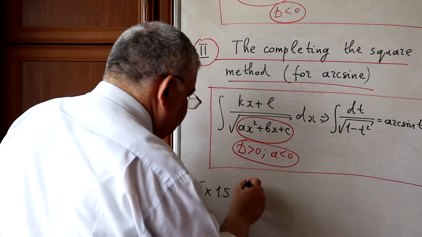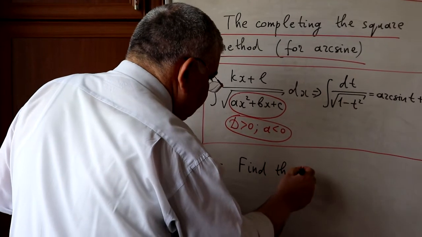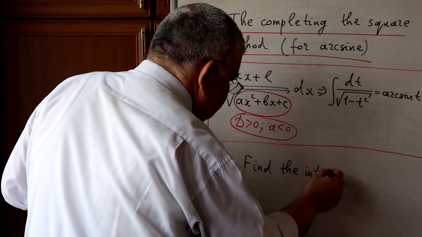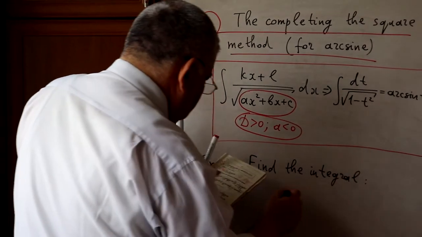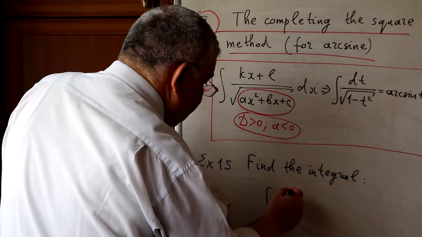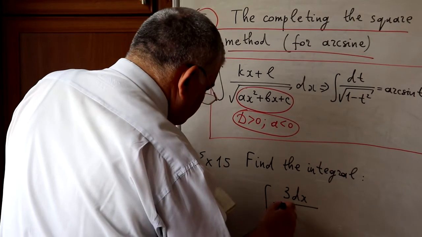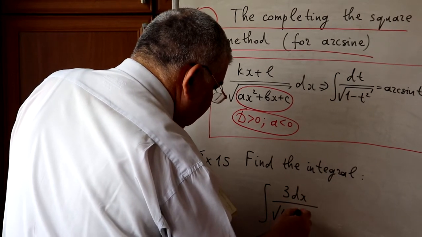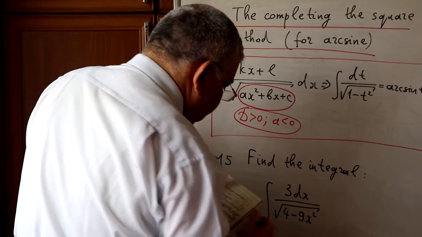Find the integral of 3 dx over square root of 4 minus 9x squared.